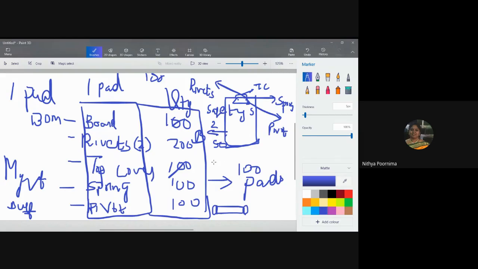Top covers, maybe 15 extra. Springs, maybe 150 extra. Pivot, some 10 extra. Based on usage, the company will tell us what safety standard should be maintained, and these values will be calculated and kept in the organization's buffer.